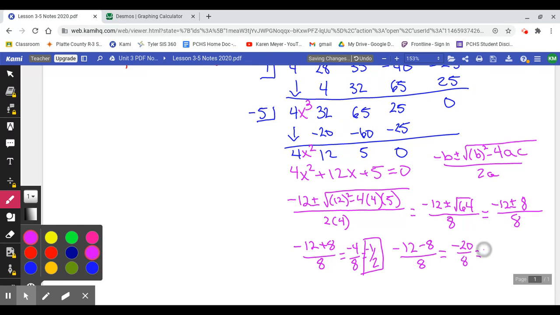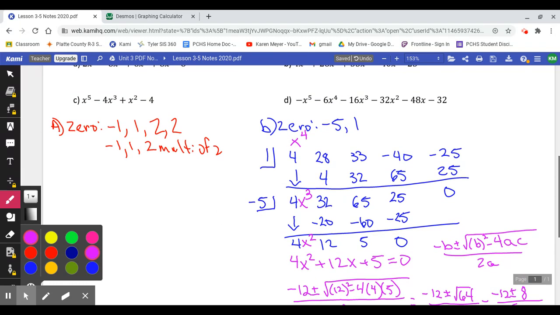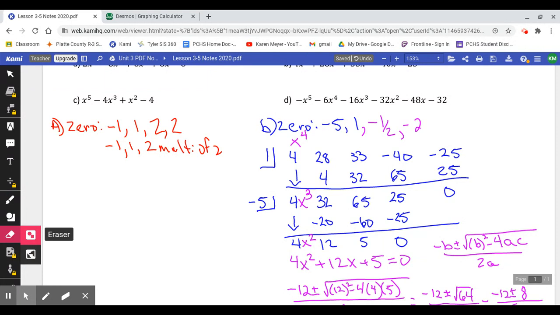And that's going to reduce to negative 5/2. So I'm going to come back up here to the top, and next to my zeros, I am going to put negative 1/2 and also negative 5 over 2.